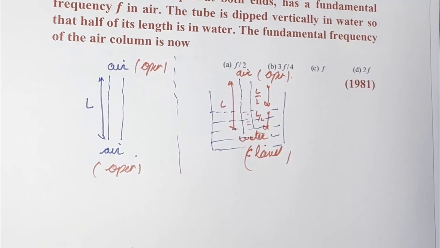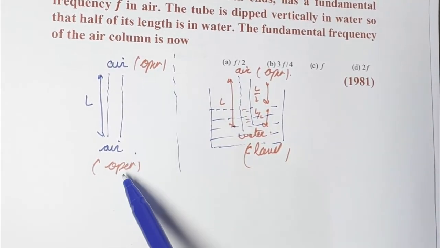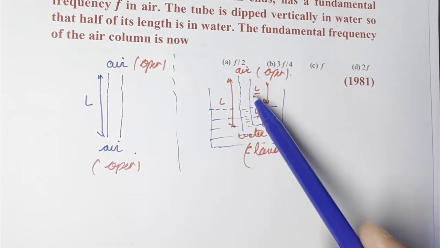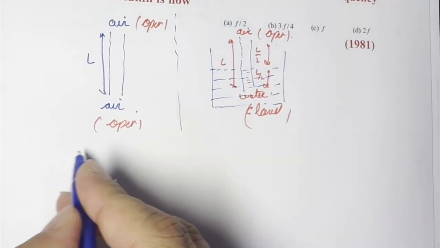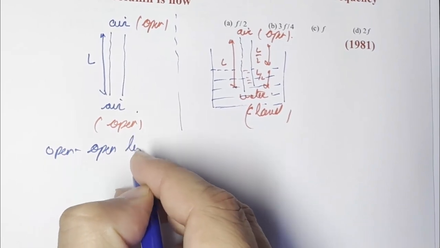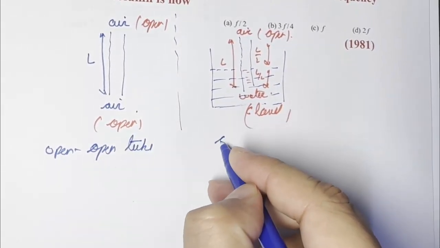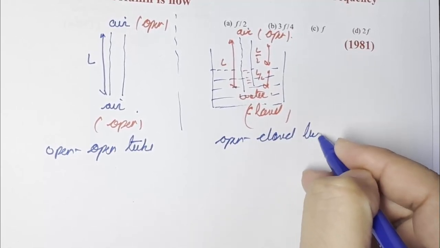So this is the fundamental difference between the two. First we are going to call it an open tube, and this we are going to call an open closed tube.